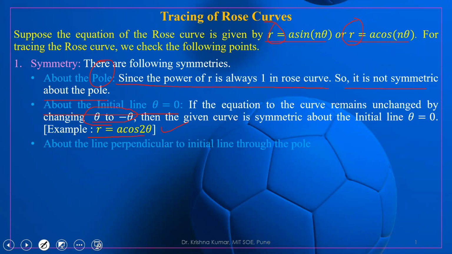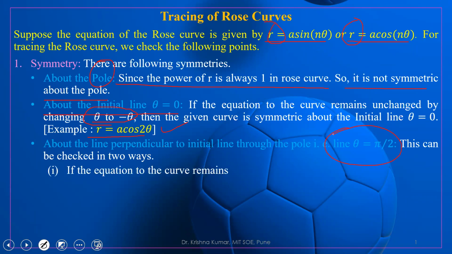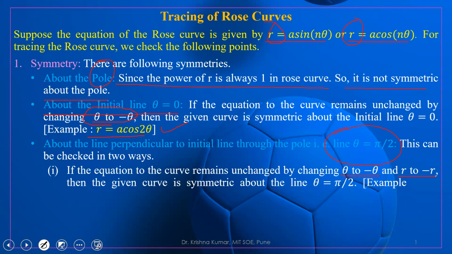Next, about the line perpendicular to the initial line through the pole, that is line theta equal to pi by 2. Again, this can be checked in two ways. What is the first way? If the equation of the curve remains unchanged by changing theta to minus theta and r to minus r, then the given curve is symmetric about the line theta equal to pi by 2. For example, r equal to a sin 2 theta.